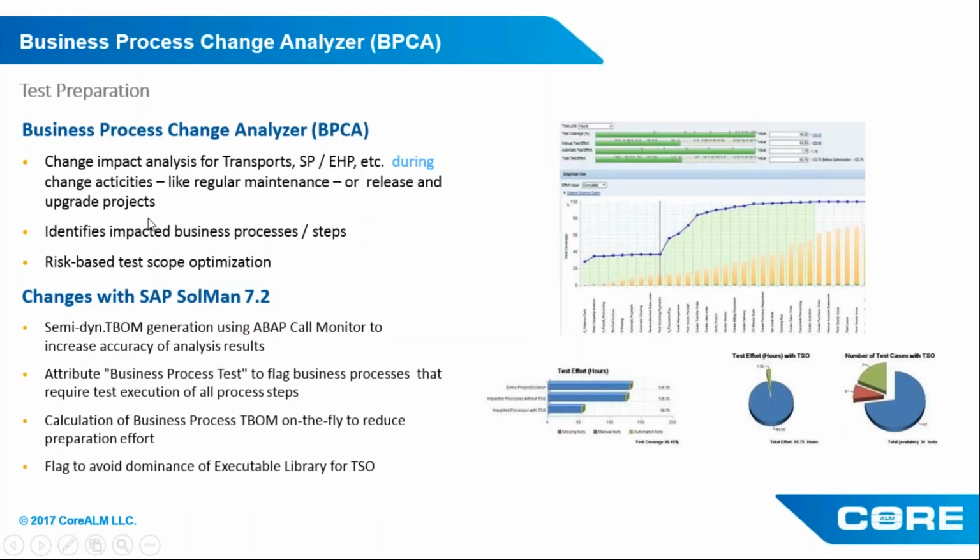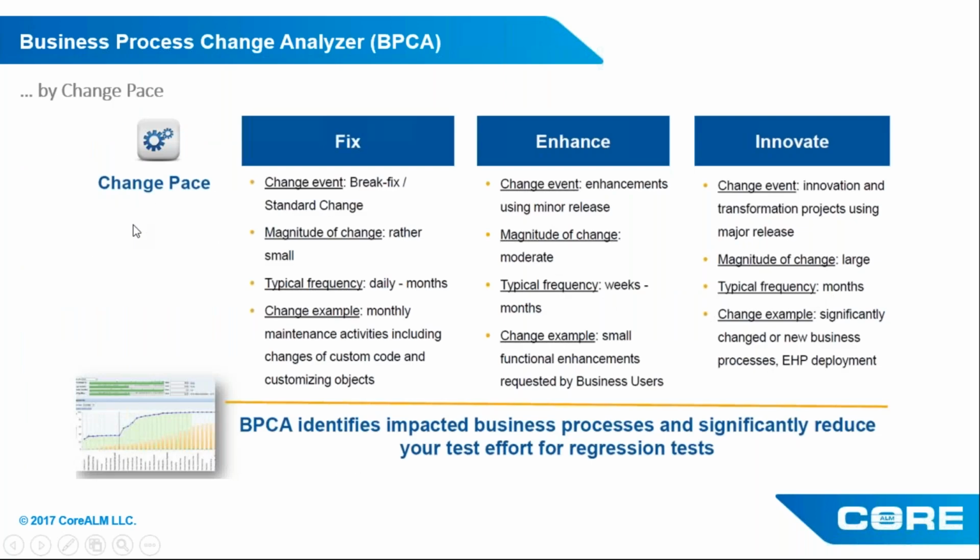And so again, in change impact analysis for 7.2, there are different improvements and innovation, so they've added, and continue to add, things. And this gives you a little better idea of change impact analysis and where it's used. So it's used in fix, enhancements, or innovation.